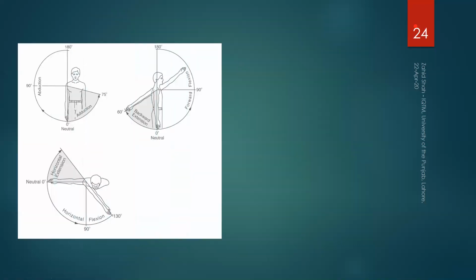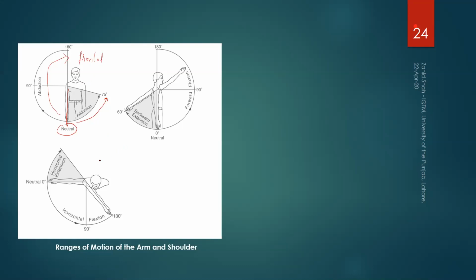Here is the example of your arm and shoulder in another view. So this is the neutral posture. You can adduct your arm up to 75 degrees in this direction, and abduction is possible up to 180 degrees with respect to this neutral line. So this was in which plane? If you recall, this is in the frontal plane.